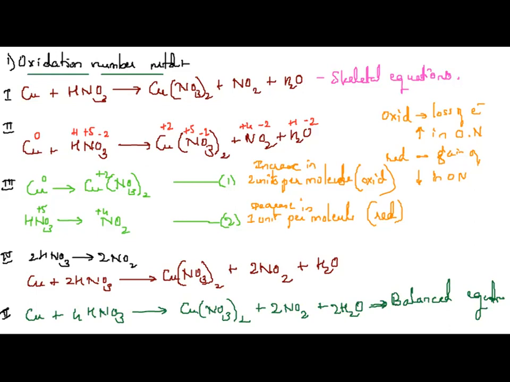We have one more method. The second method is the ion electron method. So what does this ion electron method say? It was developed by Jette and Lamiv. The first step says to write down the redox reaction in ionic form.